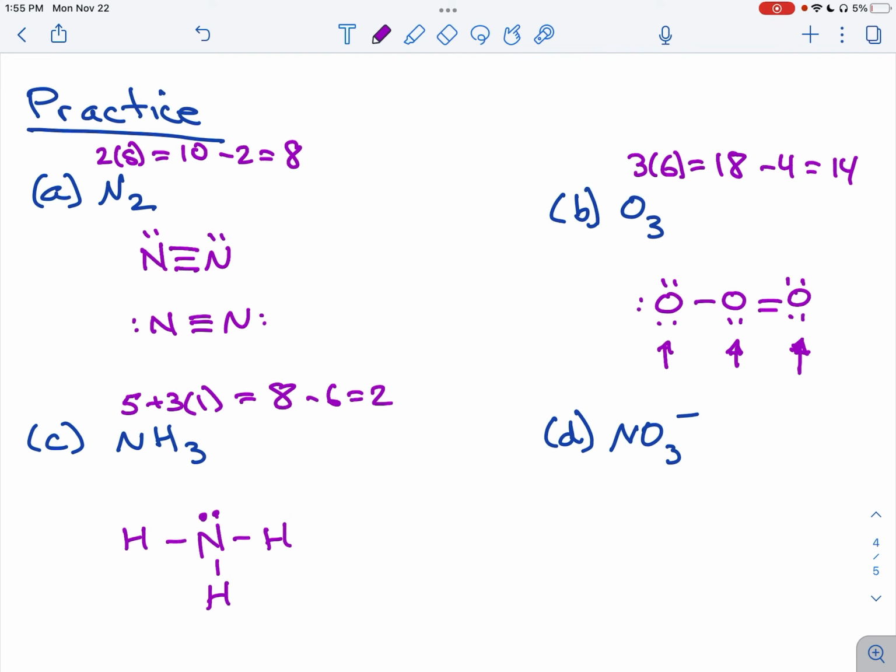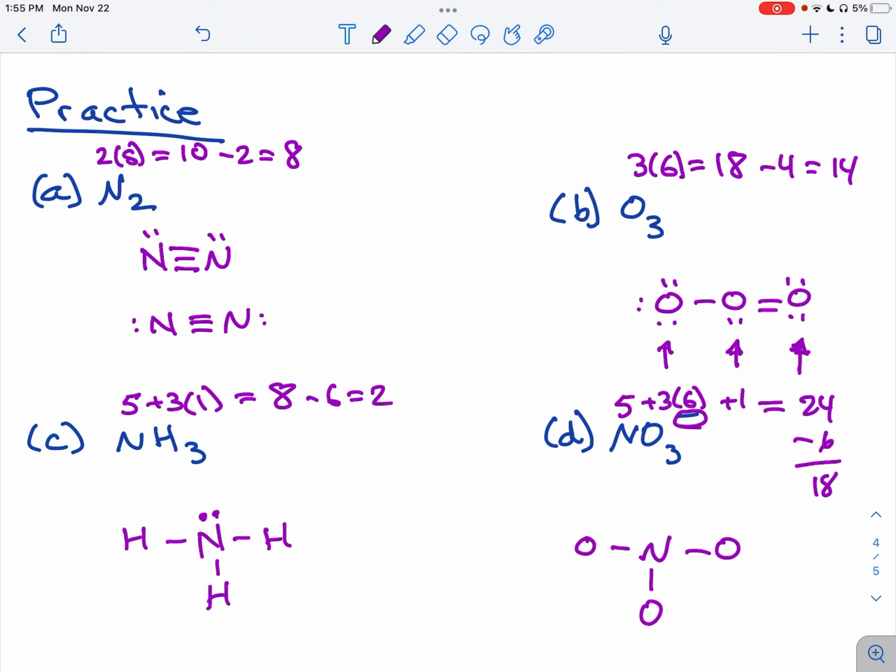Okay? And then nitrate, NO3 minus. It can look like this. We've got 5 for nitrogen, 3 times 6 for oxygen, plus the bonus electron for the -1 charge. Don't forget that. That's 24, minus 6 that we use to hold it together.